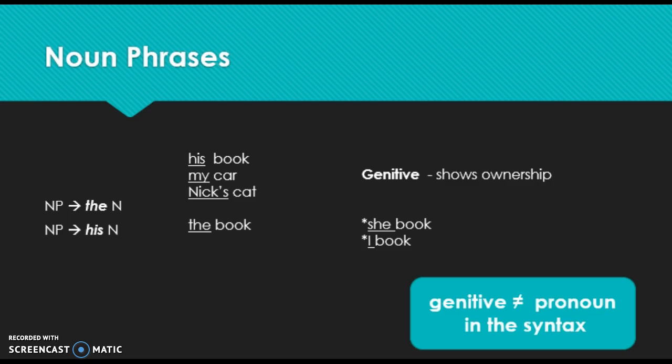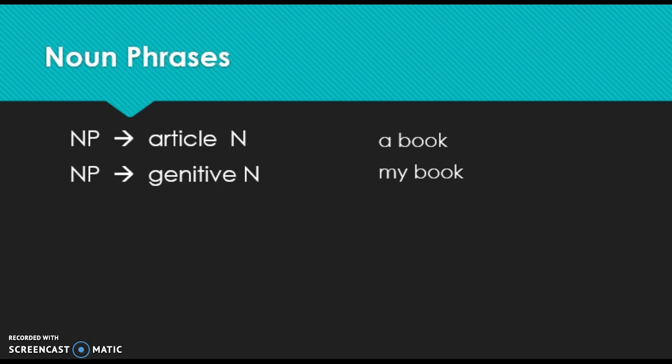It does not fit inside of the noun phrase with a noun like the book or my car. So syntactically we want to differentiate those. Okay, so the structure of a noun phrase we have so far is that it could be made up of an article and a noun like a book, or a genitive and a noun like my book.